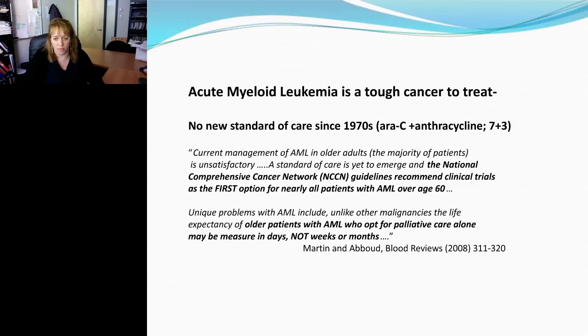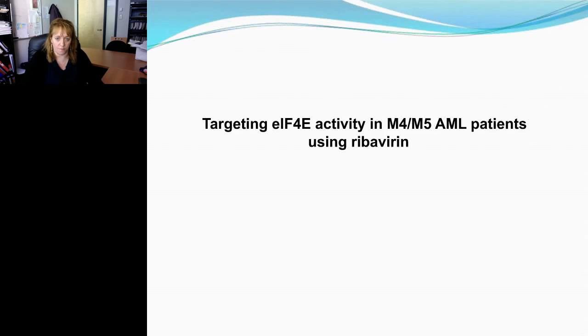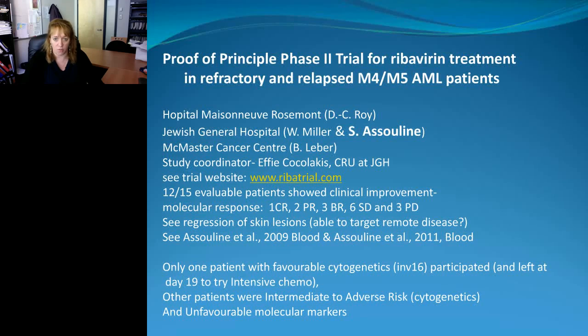Patients who only receive palliative care have survival measured in days, not weeks or months. This is very different from standard solid tumor cancers that many of you may be more familiar with. So we decided to target EIF4E activity in M4-M5 AML patients using ribavirin, to see if we could target the 4E activity and whether we could have any clinical responses.